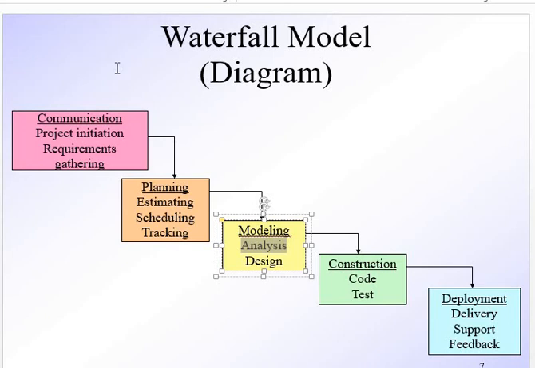You will be converting your requirements into visualization on paper. If you do your phase numbers 1, 2 and 3 properly, almost 40 to 50% of your software development work is completed.